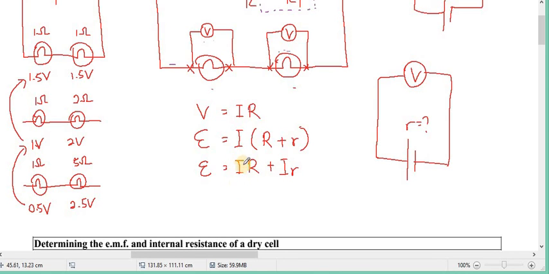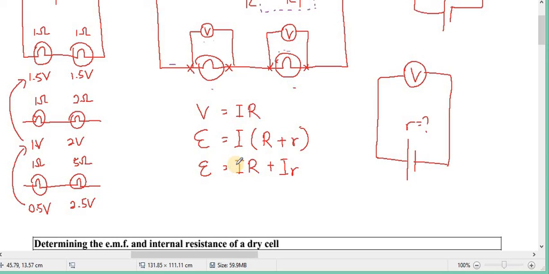Very good. You see, this current is the current that passes through the external resistance, the resistance that is outside, right? I repeat, this is external resistance. This is the current that passes through external resistance.